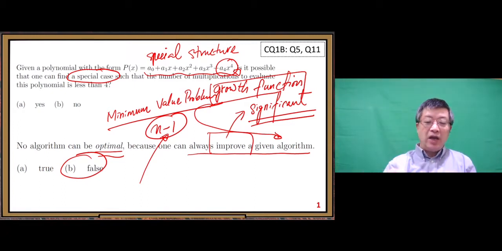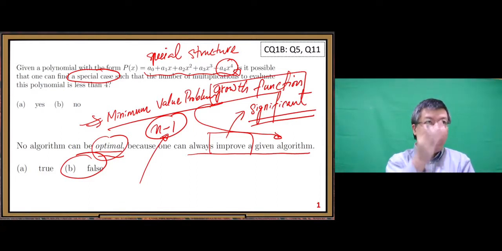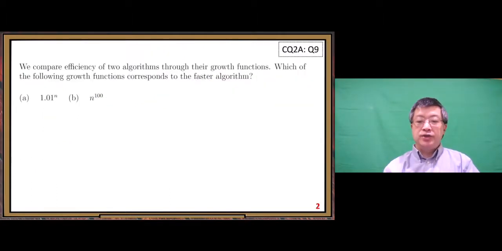So our algorithm is optimal, because we can prove it. Nobody can make further improvement. Even if we do not say significant, even marginal, minor, slight improvement cannot be done for this particular example. All right. Next question.